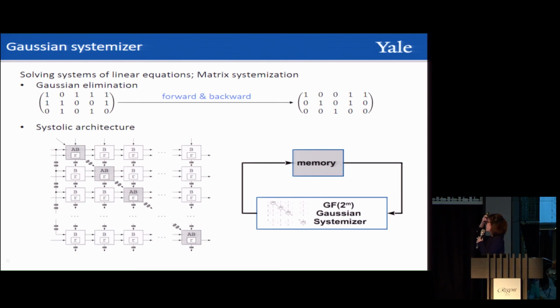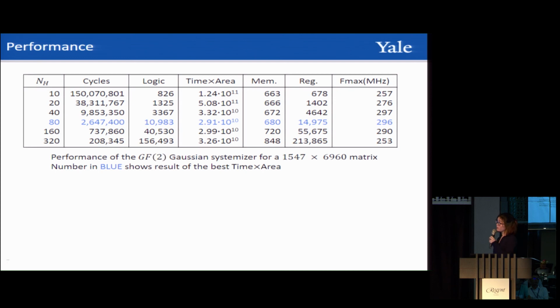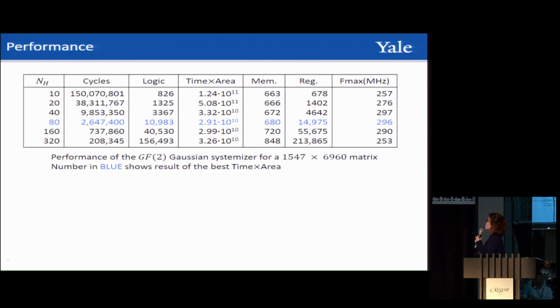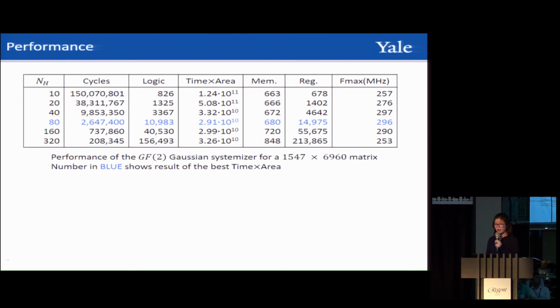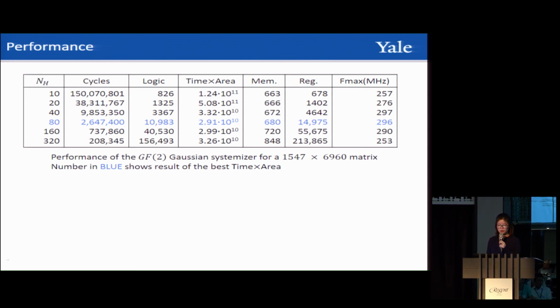So by introducing such an interface, we're able to achieve elimination for any large-sized matrices. And here we show some performance for our GF2 Gaussian systemization method, which works for such a huge-sized matrix, which actually corresponds to the size of the parity check matrix. And you can see here that you can easily achieve a trade-off between timing and logic by tuning the size of the architecture.